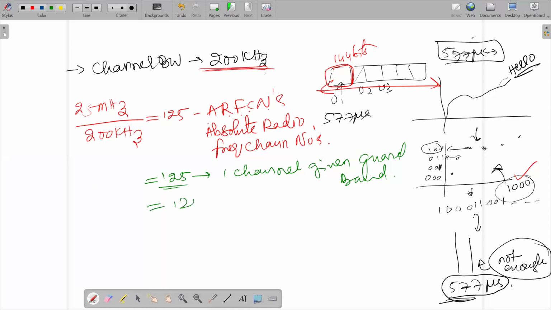Finally, 124 channels. Out of these 124 channels, for example in India, for 2G operators, nowadays we have 2 to 3 operators. But in 2007-08 we used to have Reliance, Aircom, Tata Docomo, Virgin Mobile sometimes, BPL Mobile sometimes. A lot of operators were there, and they used to purchase channels.